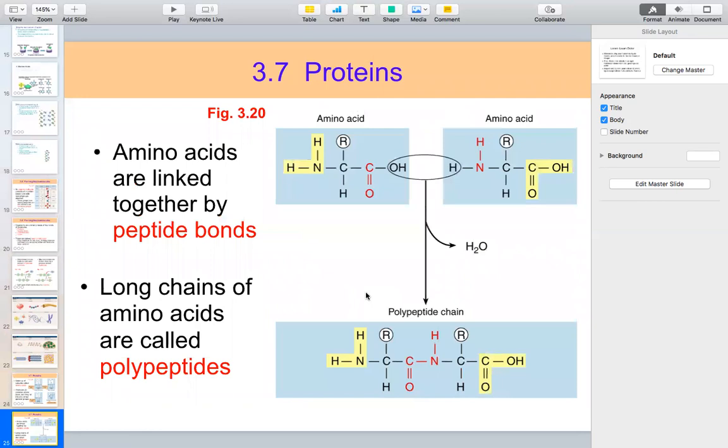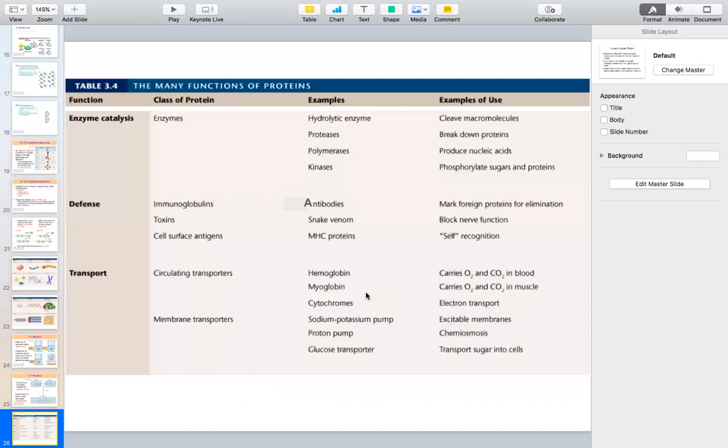And so here is dehydration synthesis. We removed a water molecule and joined two amino acids together, forming a polypeptide chain, or a linear chain. And then that gets rolled up, and we have our secondary, tertiary, and quaternary structures, as I described in the previous slides. That gives it all sorts of different functions, like enzymes, which are involved in breaking down and speeding up chemical reactions.